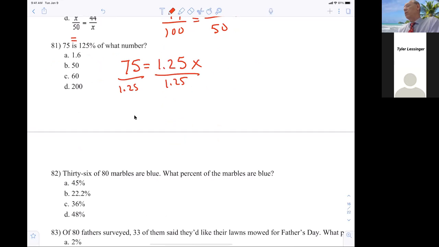Divide by 1.25. So x is equal to, somebody help me. 60 or 50? 60. Come on, don't let them do it. Practice on your own calculator. Divide it out. And do not forget a calculator because I don't have extras.